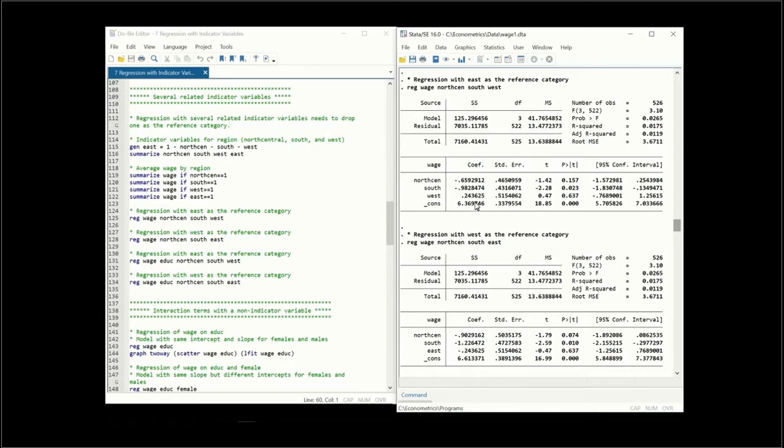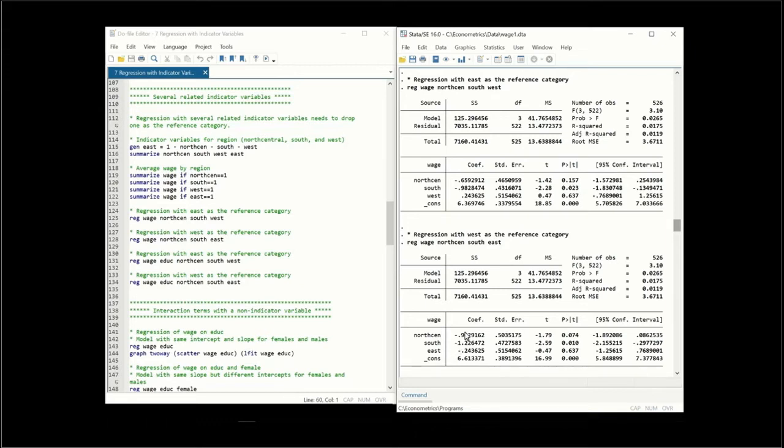And notice that this coefficient and this coefficient are the same in magnitude and significance, but opposite in sign, because how the wages in the West relate to the East is exactly the opposite of how the East relates to the West, which is the reference category.